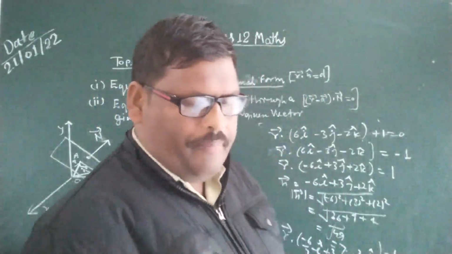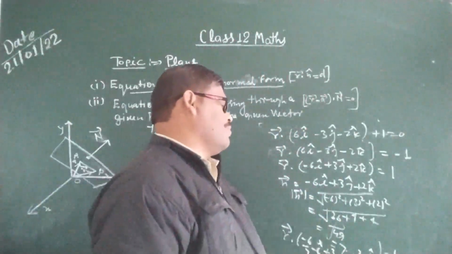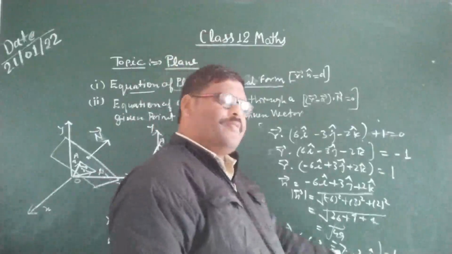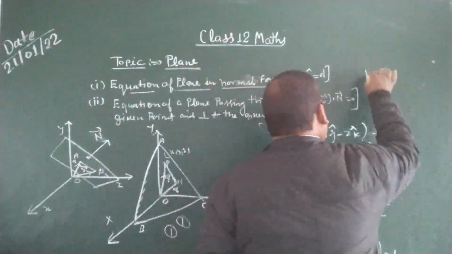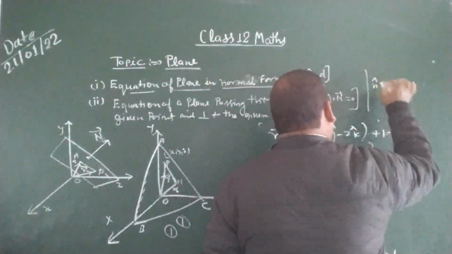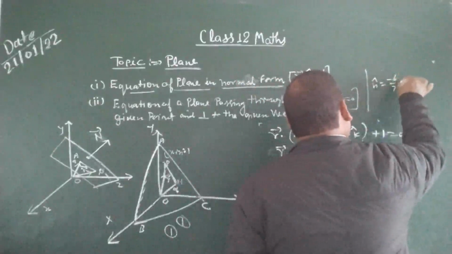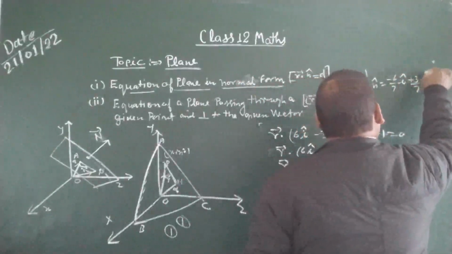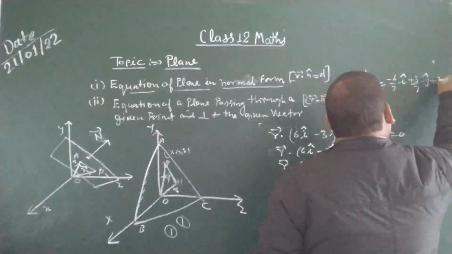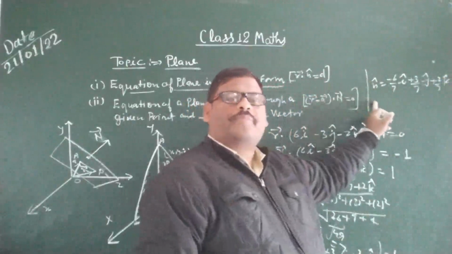Now, comparing with the standard equation of the plane, r dot n cap is equal to d, what is the value of n cap? The value of n cap will be minus 6 by 7 i cap plus 3 by 7 j cap plus 2 by 7 k cap, which is the unit vector.